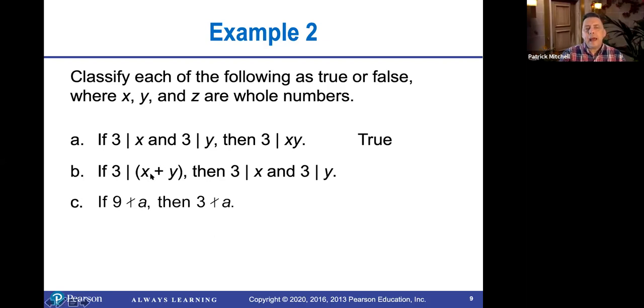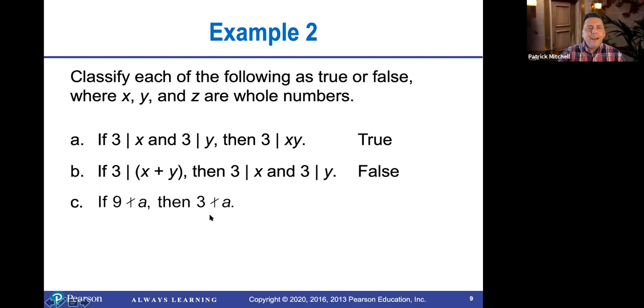That means x plus y will be 4 plus 2, which is 6. And 3 does divide 6, so that's true. However, 3 does not divide 4, and it does not divide 2. So this is a false statement. It would work going the other way: if 3 divides x and 3 divides y, then 3 divides x plus y. That's true. That's one of the properties, but it doesn't work going the other way around.